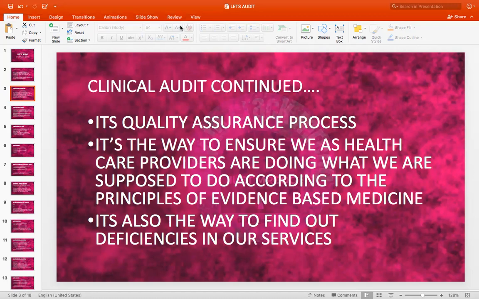It gives us assurance that we are doing perfectly. It gives us real deficiencies in our services, because basically audit is meant for quality assurance. The purpose of audit is quality assurance, right?